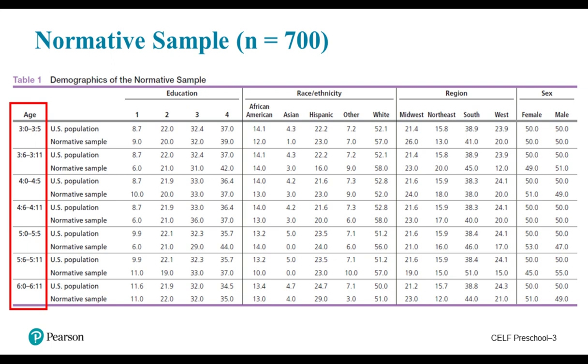These are the age bands. According to the inclusion and exclusion specifications for the normative sample, the children included did not meet the diagnosis criteria for a language impairment, a learning disorder in reading or writing, or a hearing impairment. All children spoke English as their primary language, meaning the language used most often in the home.